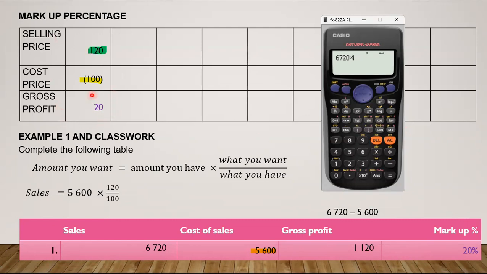So I was going to multiply it by this 20 because I want the gross profit percentage. And I was going to divide it by the percentage of what I'm given. This 6,720 is the sales value. So I will just divide it by the sales percentage, which is 120. And when I divide it by 120, and I press the equal sign, it gives me that 1,120.